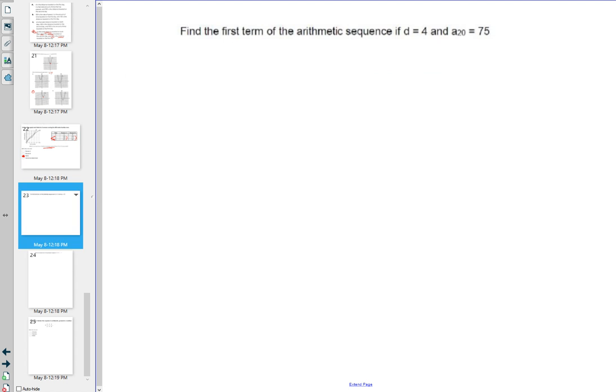Find the first term of the arithmetic sequence with a common difference. Okay, so here you use the formula again. The common difference, so the first term. The last term is 75, or it's the 20th term, is equal to the original one, which is what I'm looking for, the original amount, plus the common difference, 20 minus 1.